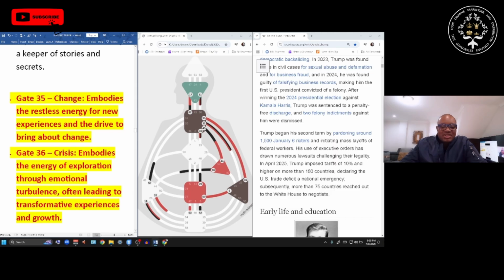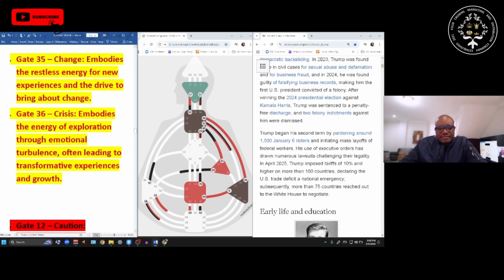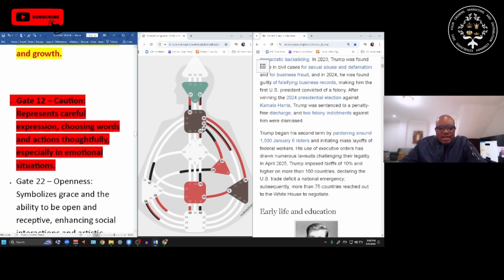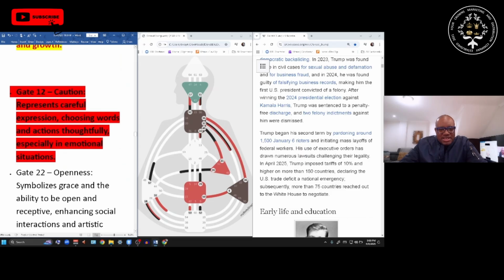So all of us are being sucked into that particular part of his energy, right? That crisis, and that emotional turbulence that people experience as he rolls out these different executive orders. Beautiful. Gate 12, caution, represents careful expression, choosing words and actions thoughtfully.